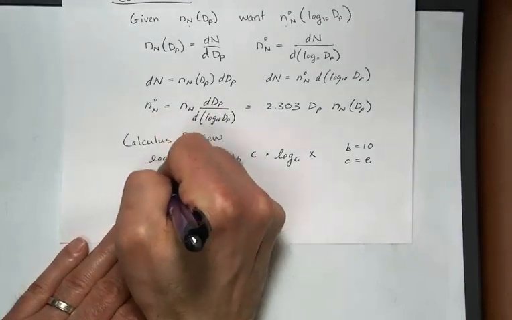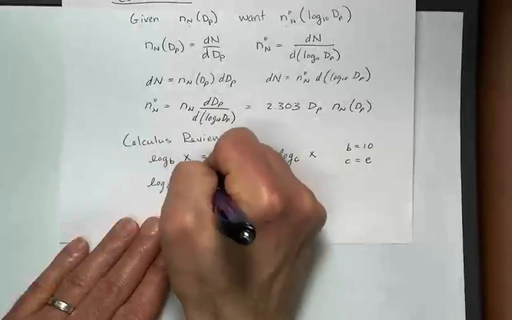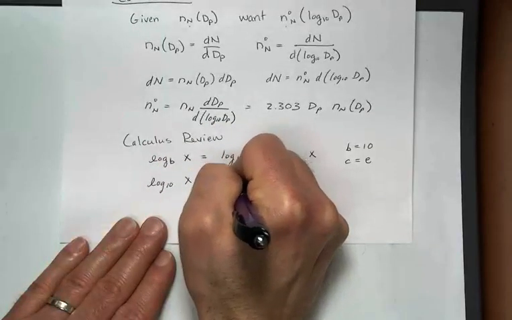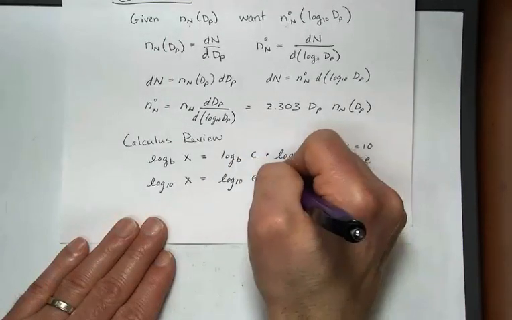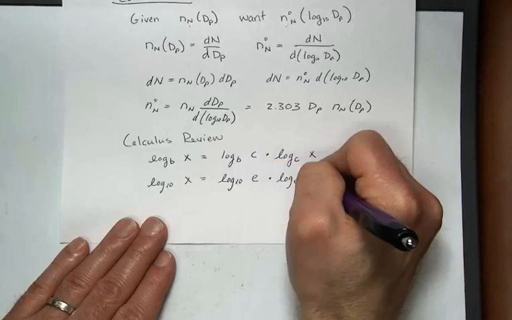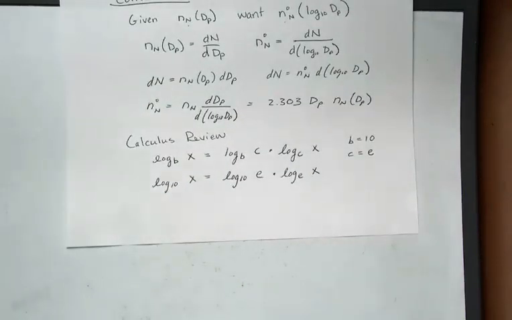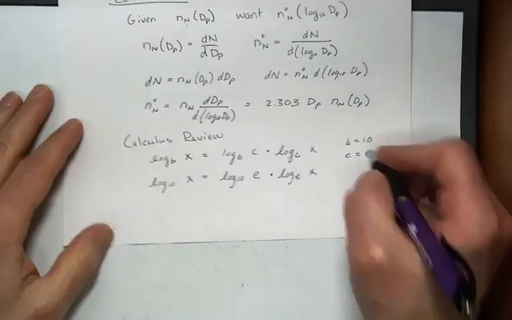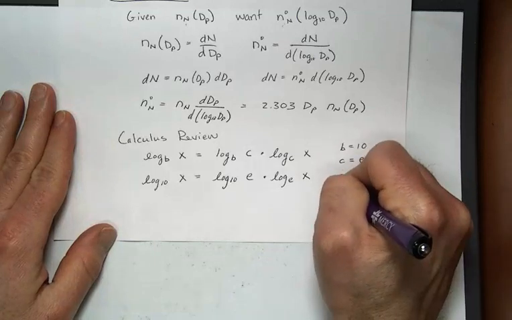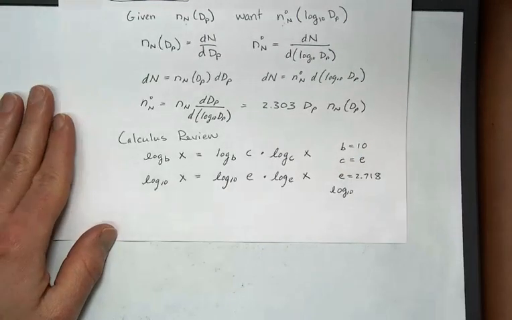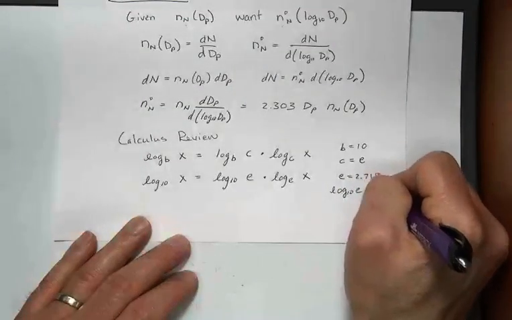And so the base 10 logarithm of x is equal to the base 10 logarithm of e times the base e logarithm of x. e is equal to 2.718, and the base 10 log of e is 0.434.